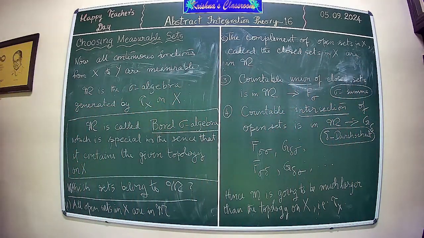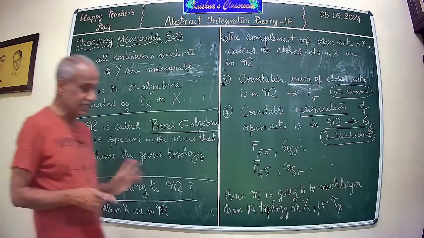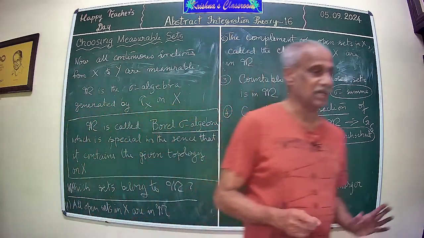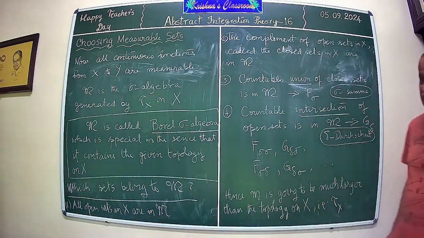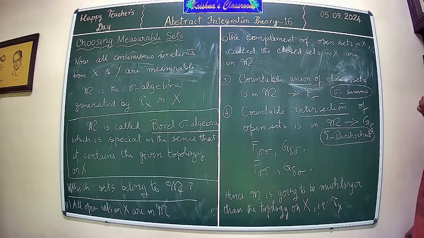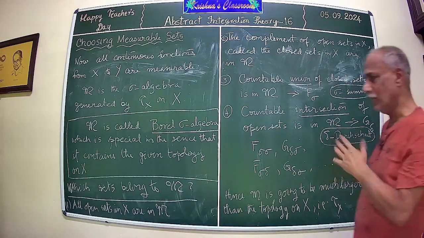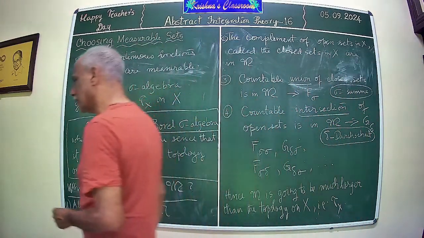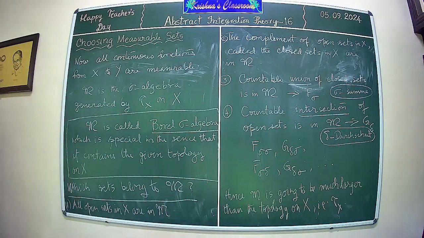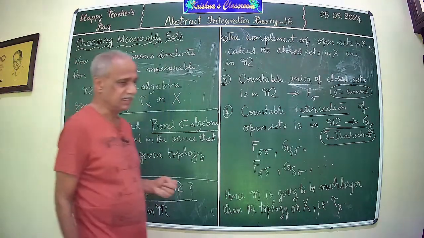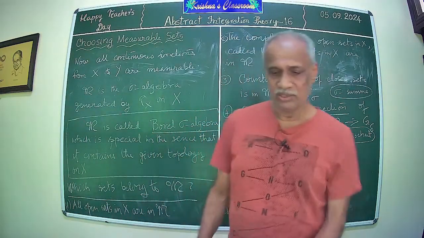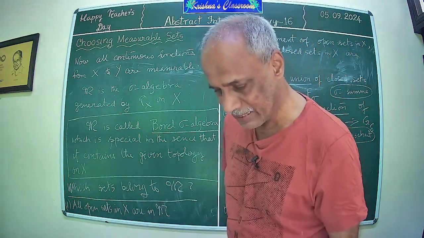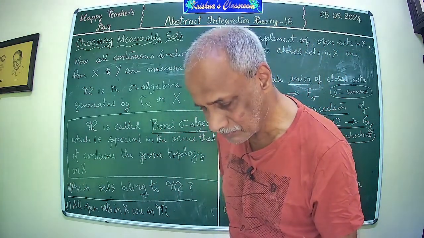So that now the advantage that you have is this: there is a huge class of functions, namely all the continuous functions from X to Y, are now measurable functions. Therefore, one can comfortably work on them to develop an integration theory. So that's what I want to say.